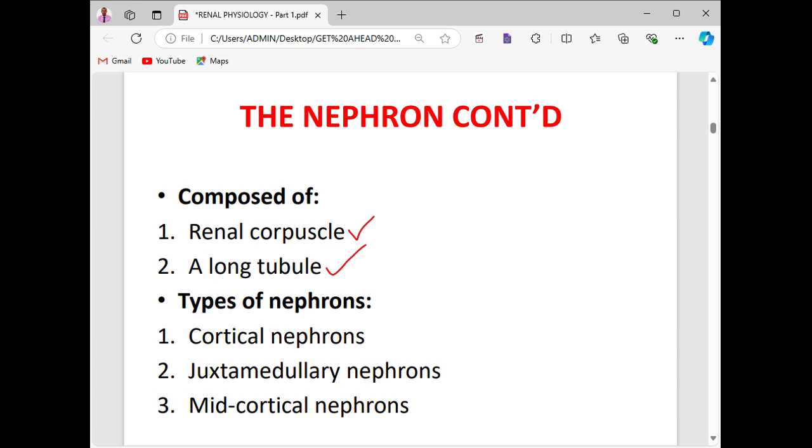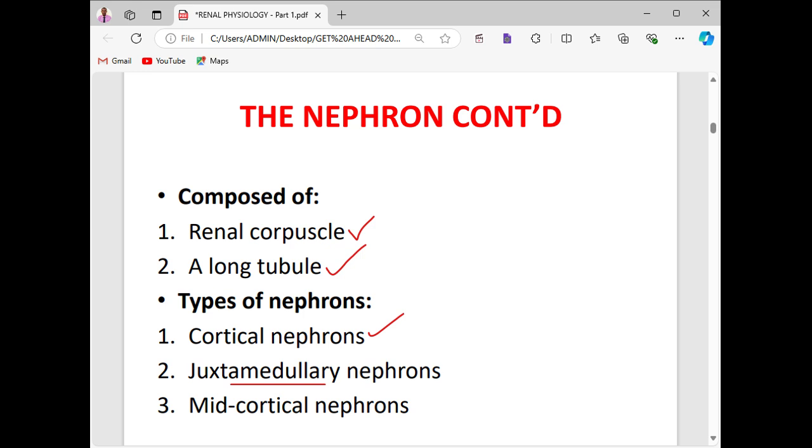When we talk about the nephron, we have types of nephrons. We have the cortical or superficial nephrons, which have their corpuscles in the outer cortex, near the periphery. And then we have the juxtamedullary nephrons.